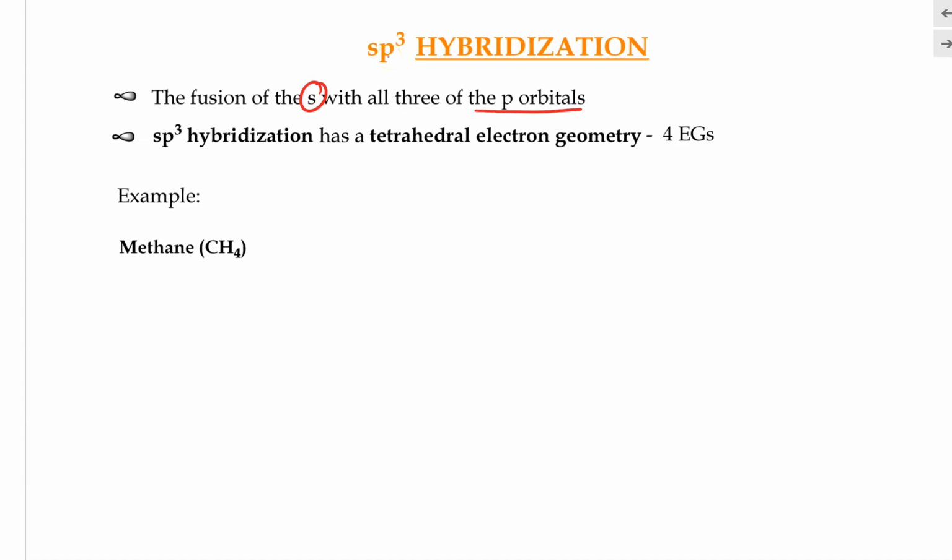An sp3 hybridized atom would then have tetrahedral electron geometry. This is how we can recognize whether an atom has sp3 hybridization: by looking at its electron geometry. If it has tetrahedral electron geometry, because it has 4 electron groups surrounding the central atom, then that atom would have sp3 hybridization.